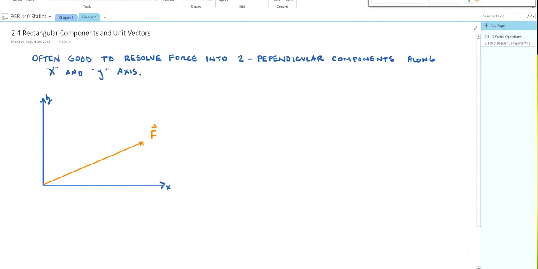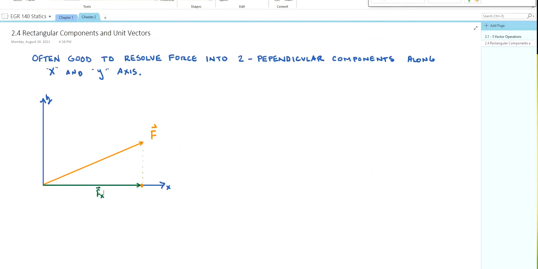Well, I can project down and get an x component in the x direction to this vector. So this is F sub x vector.